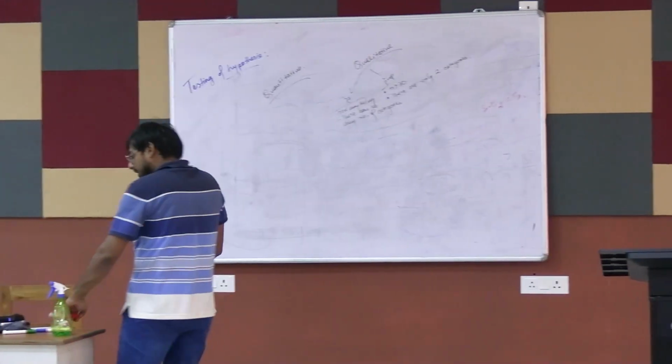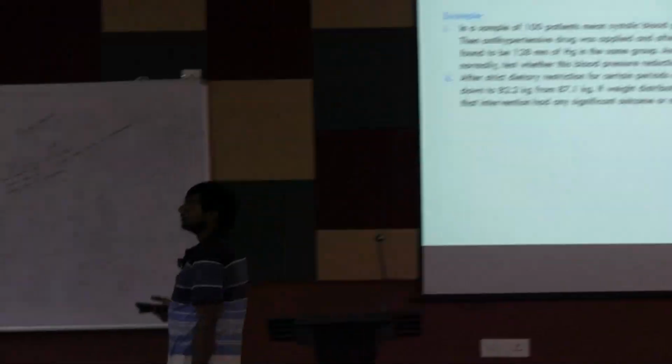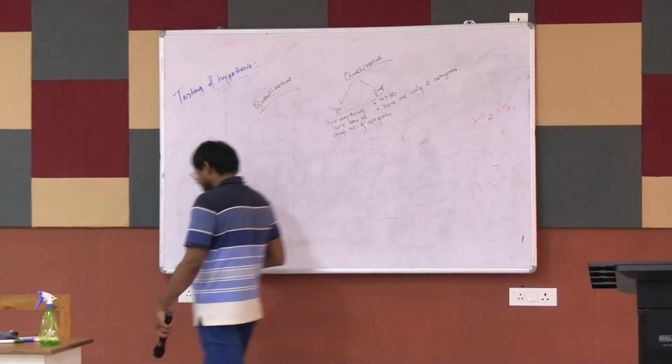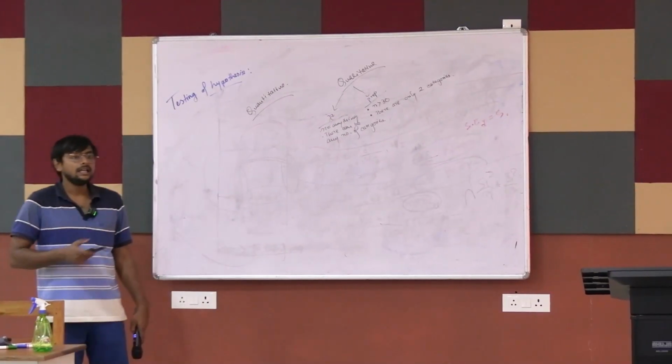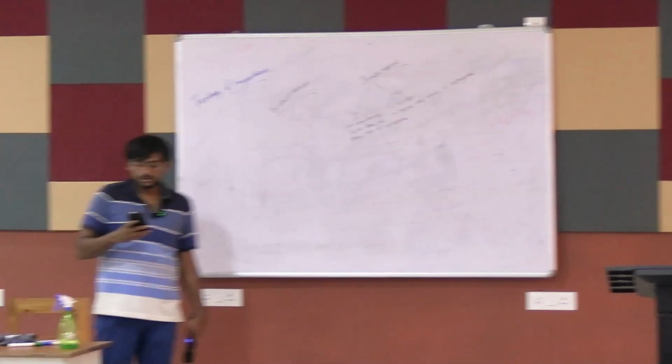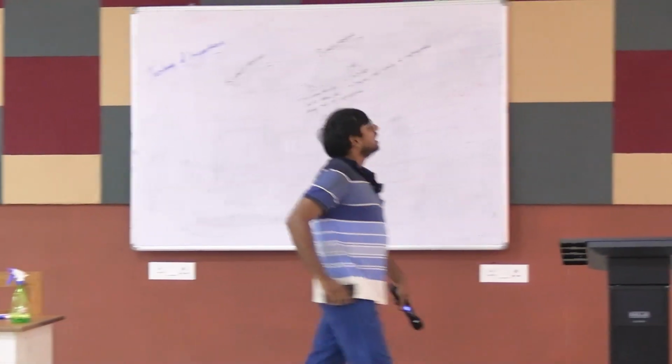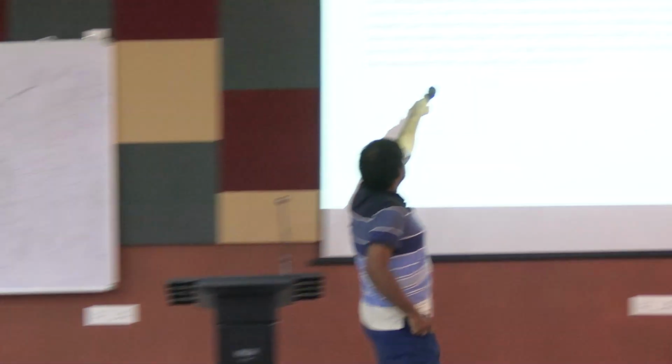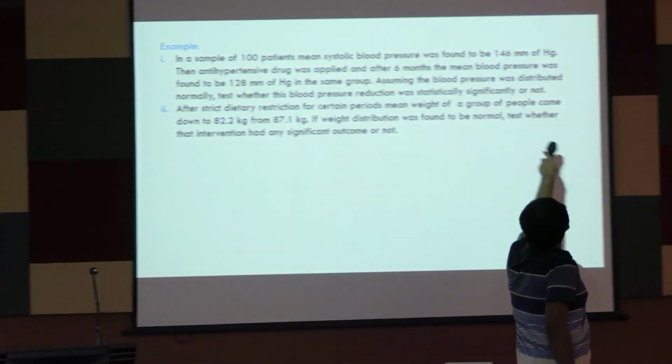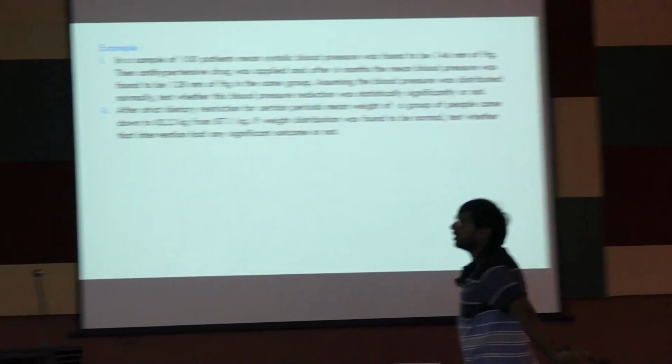Take the standard error of d bar is equal to 5, we have to state that. We have to do the test. What does the question say? Test whether the blood pressure reduction was statistically significant or not.